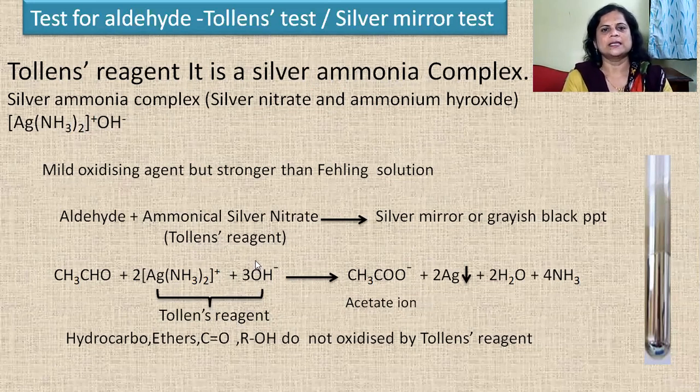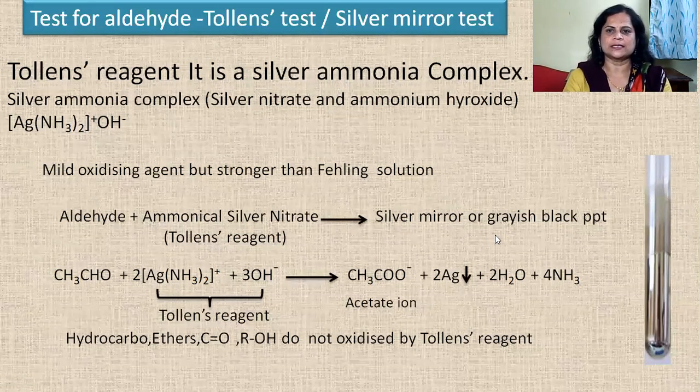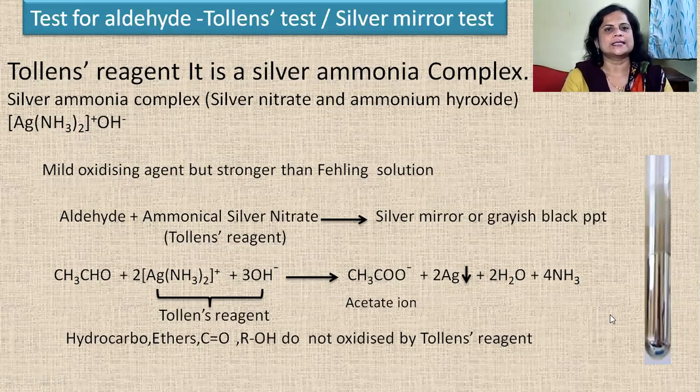When aldehydes react with Tollens reagent, they form a silver mirror. We can also observe a grayish black precipitate at the bottom of the test tube, and the silver mirror is a shiny patch of silver. This is the test for the aldehydes.